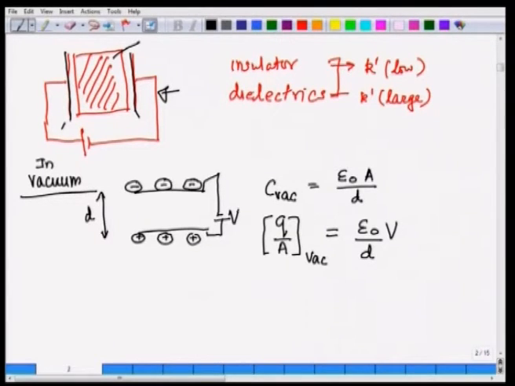This is the voltage V that we have applied. So this V divided by D is the electric field, that I am going to write as epsilon naught E. So that is the electric field which you are going to get in vacuum when you do that.